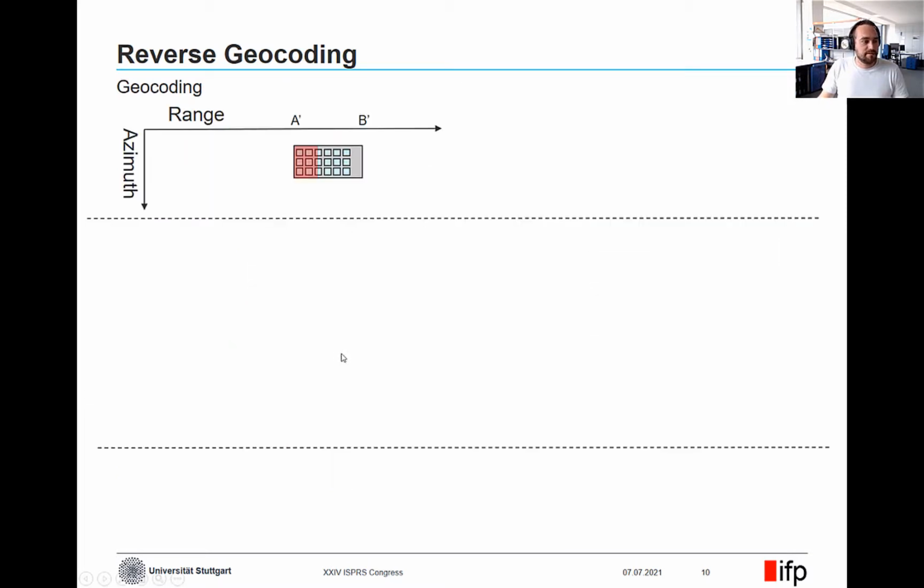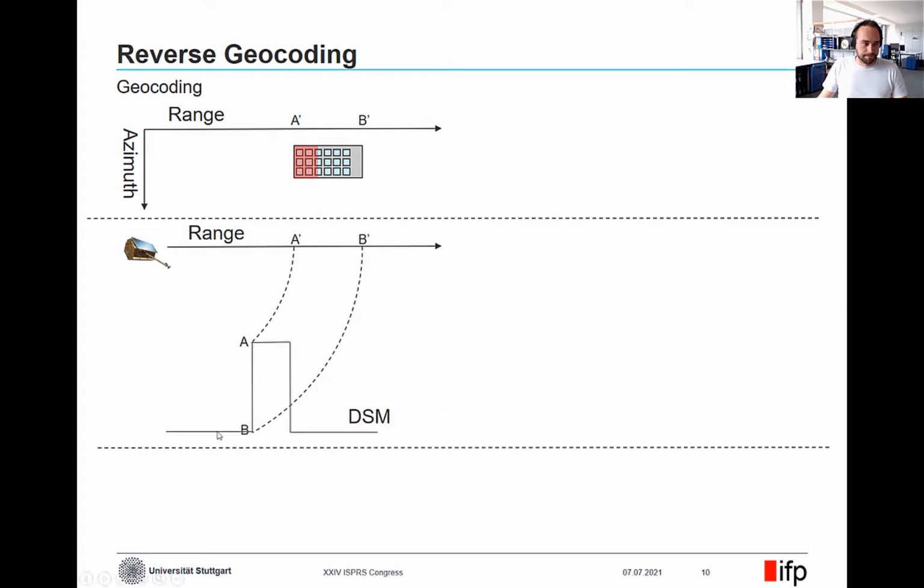To compensate for these effects, geocoding, a process similar to orthophoto generation, is used. With the help of a precise digital surface model and the satellite orbit parameters, a geocoded image in world coordinates can be produced.